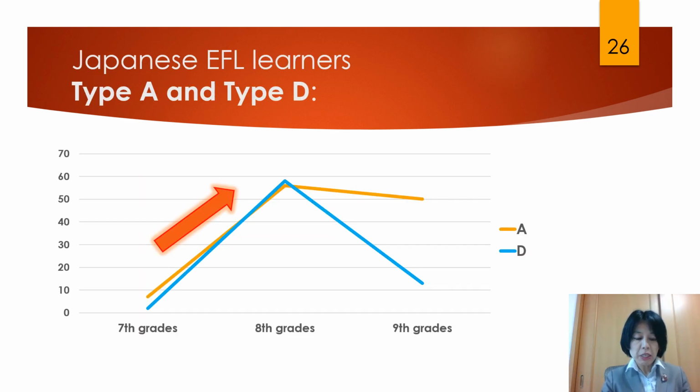Especially, the Japanese learners showed a unique feature in that they frequently produced type D. One question at this point is, why did the Japanese EFL learners frequently produce type D? I would argue that it is related to language transfer.